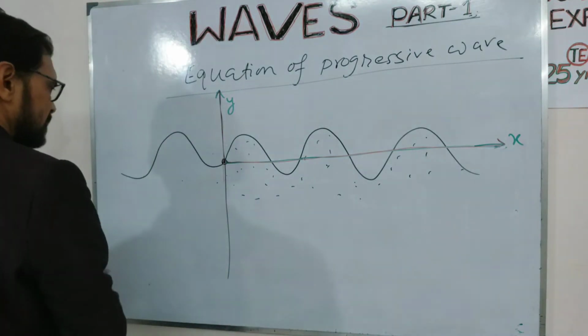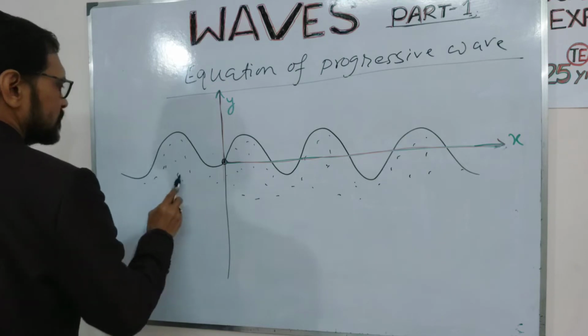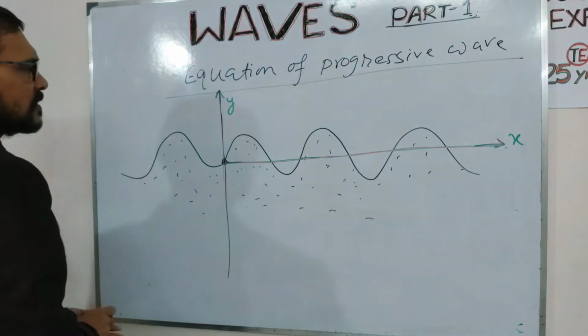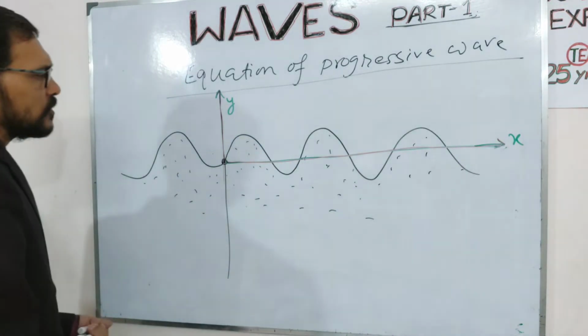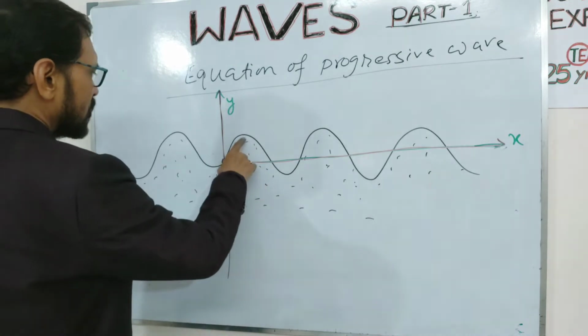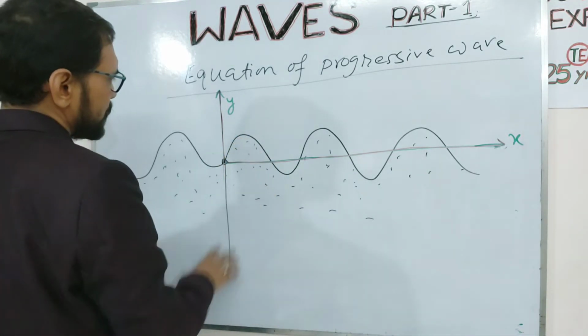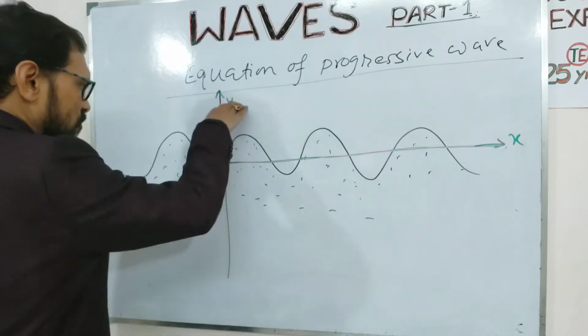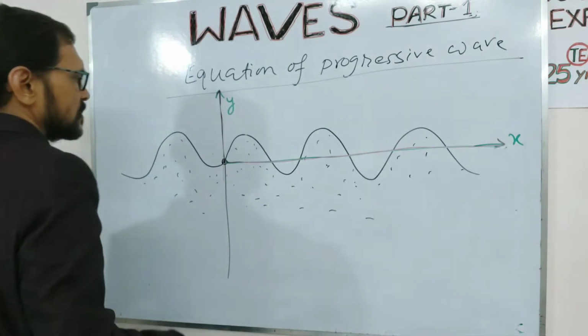Now this is the wave formed in a pond. This is called the crest and this is the trough, but this will not be permanently present. After some time this will go down and this will move upward. So this way the waves are formed.